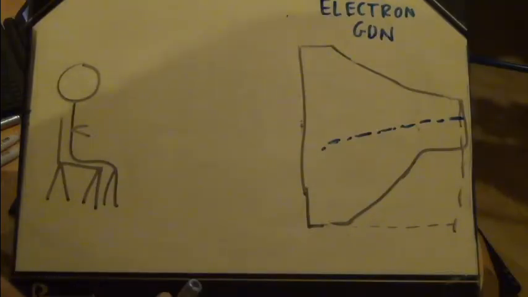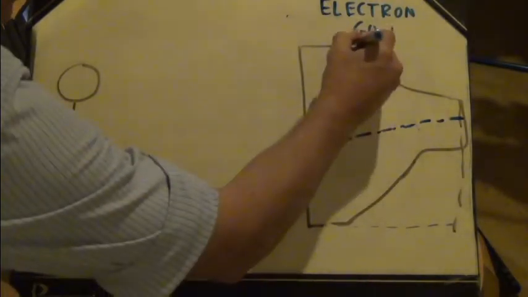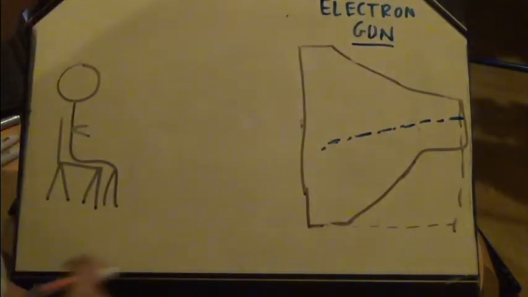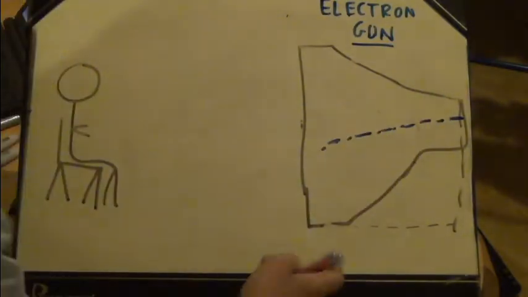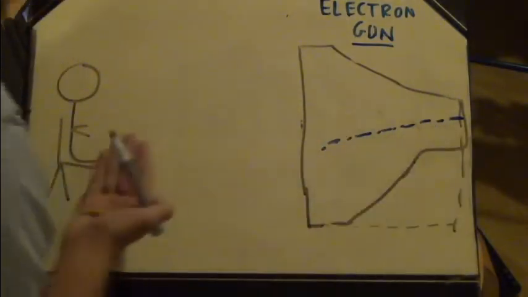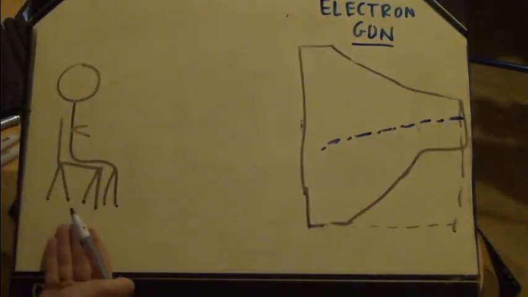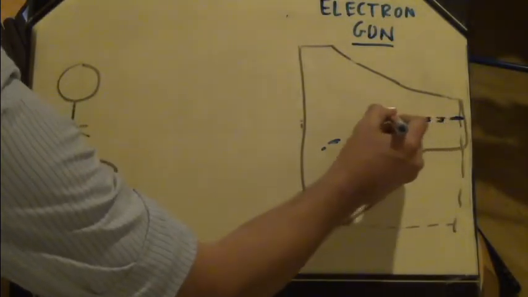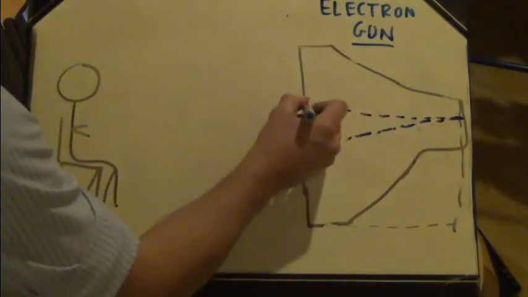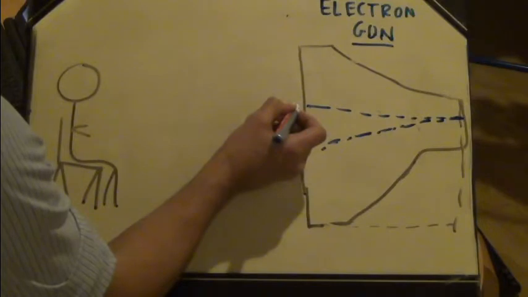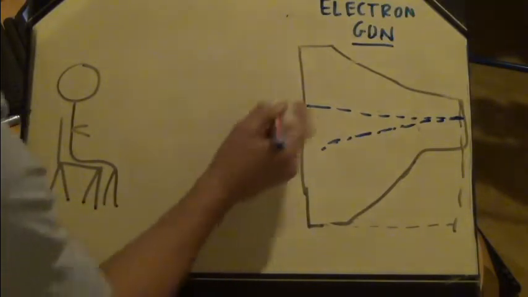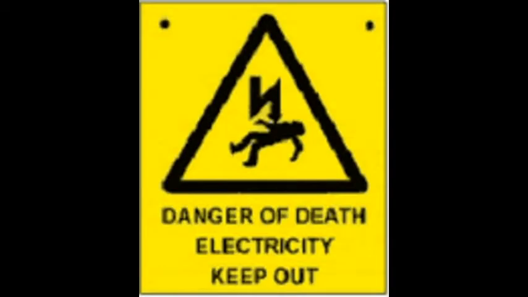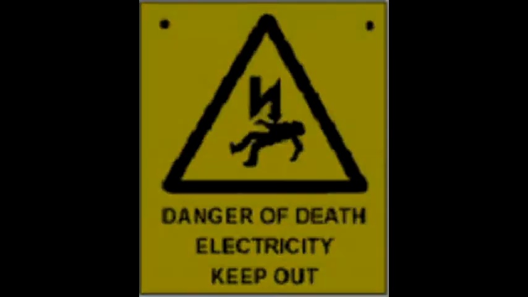Let's not forget one other thing. This is actually an electron gun. The clue is in the name. This is a huge amount of electricity that is being fired, well, basically towards the person's face. So electricity is literally leaving this gun, getting to this point, and then, if this screen wasn't here, it would go straight on and could do quite a lot of damage. How much damage are we on about?